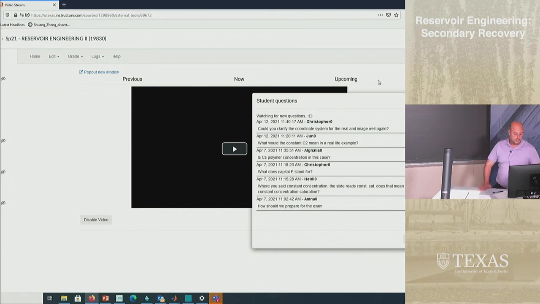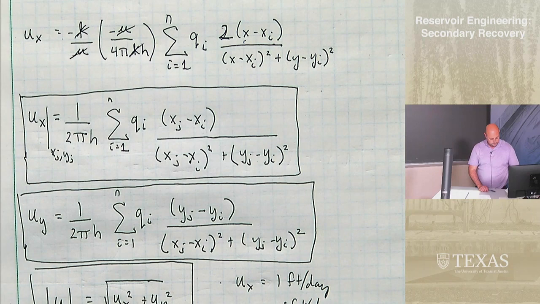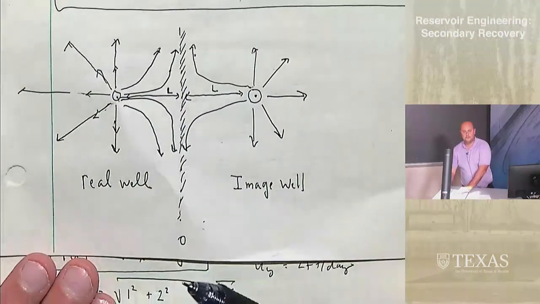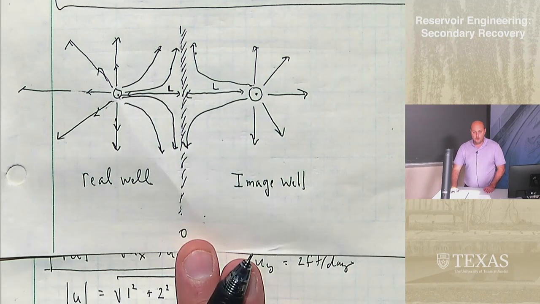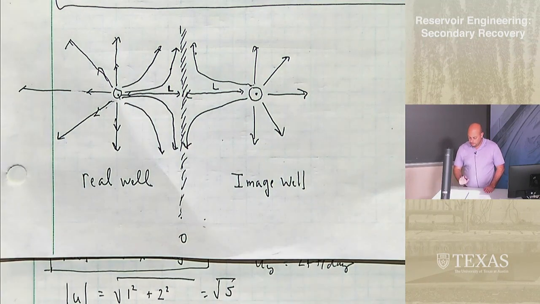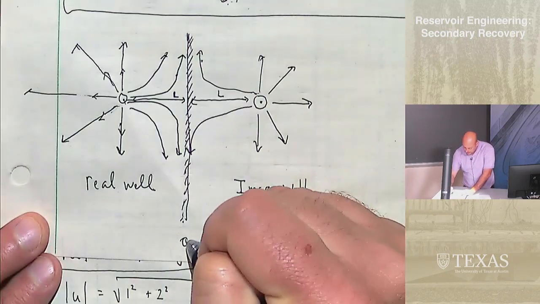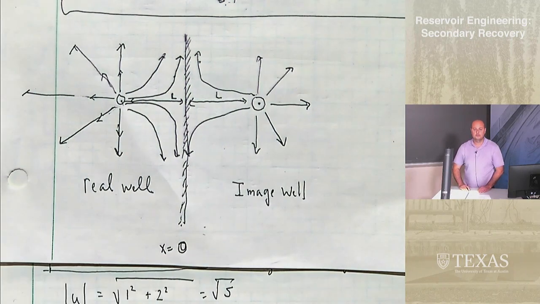Okay, so I'm going to take a step back because there was a question about these image wells. It's somewhat arbitrary where you place this, but the way I did it is I said that x is equal to 0 right where the fault is.